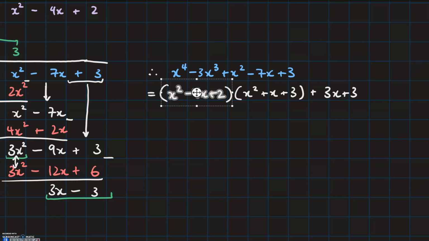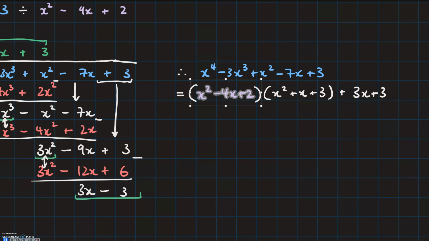My divisor was the purple term that I had at the beginning, x squared minus 4x plus 2, times my quotient, the result that I had at the top, so x squared plus x plus 3, plus my remainder. And I'll just color code this red or yellow for the sake of it.